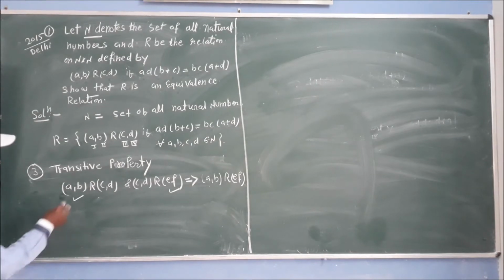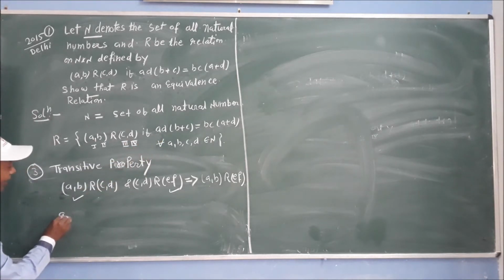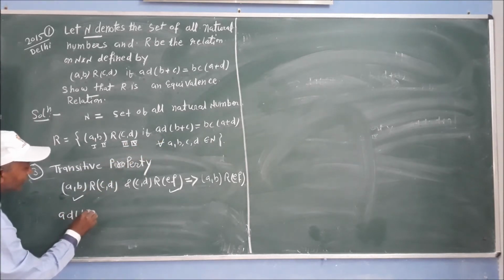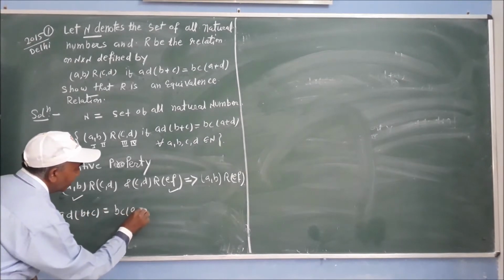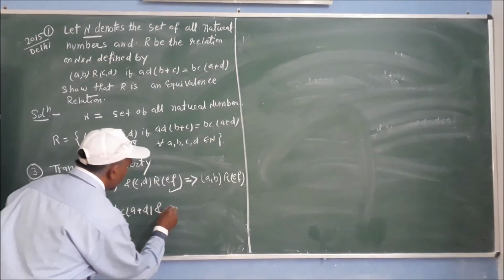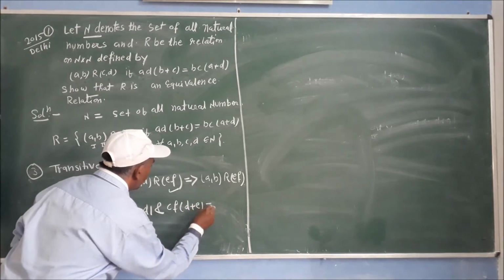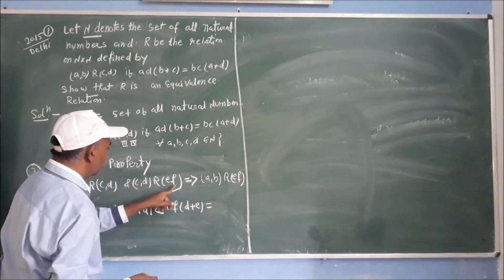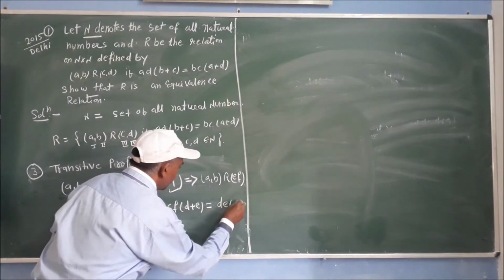We check here, AB is related to CD. What is its meaning? AD into (B plus C) is equal to BC into (A plus D). And CD is related to EF: CF into (D plus E) is equal to DE into (C plus F).